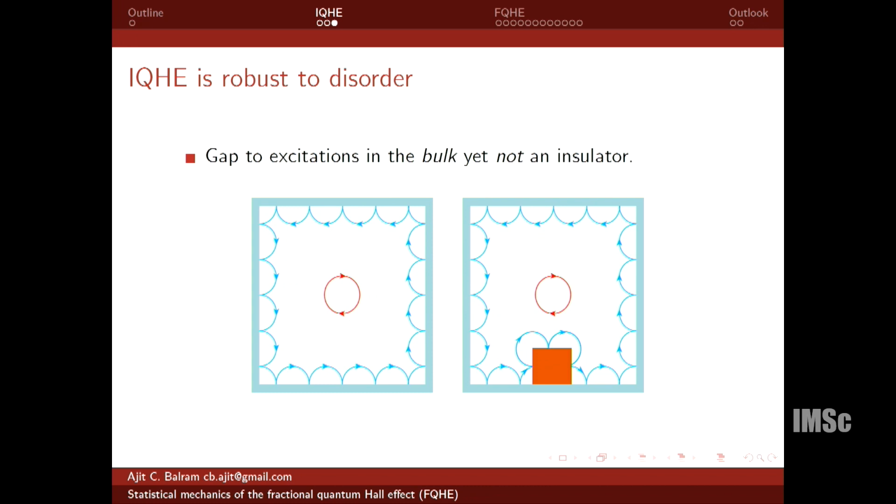And because the direction of these orbits is just fixed by the charge of the system and the magnetic field, these orbits cannot actually backscatter, because once the direction is fixed, the orbits can just move in one direction. And if you place some disorder or anything, then it just skips that and goes around, right? There is no way for this to backscatter, go back, because the direction of the magnetic field fixes this. So that's why this effect is very robust to things like disorder.